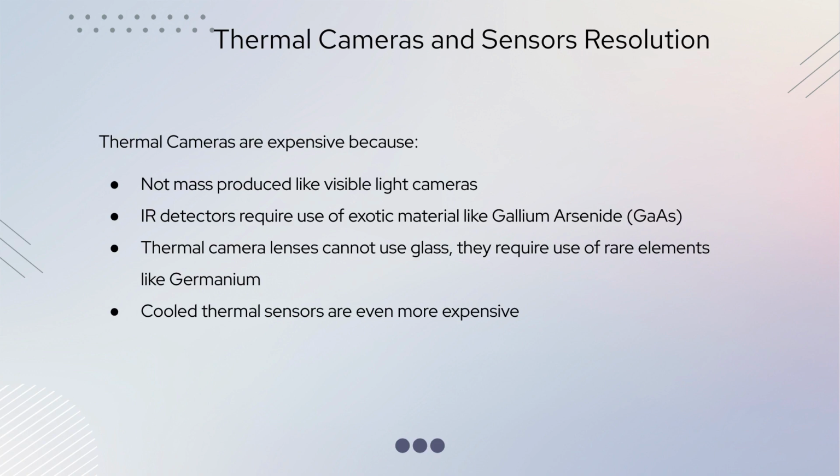Infrared detectors require use of exotic material like gallium arsenide, which add to the cost. 3. Thermal camera lenses cannot use glass. Glass is not crystal clear in the range of wavelength used by infrared sensors. They require use of rare elements like germanium.